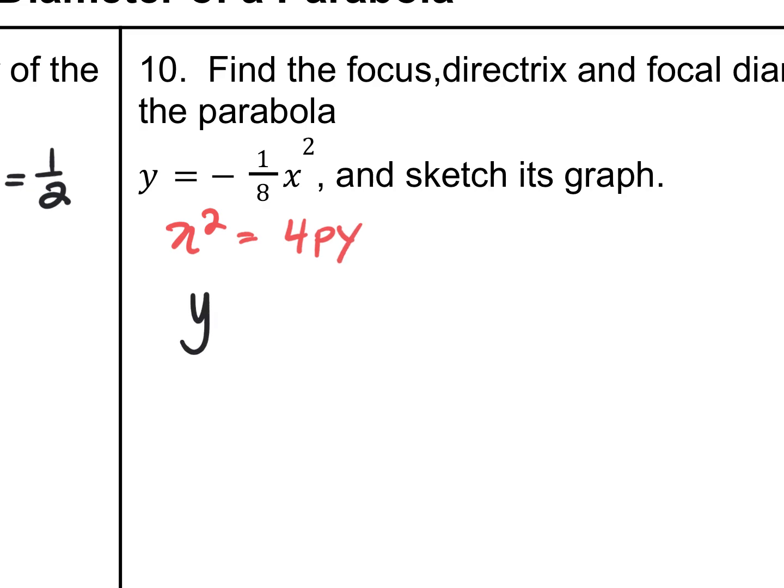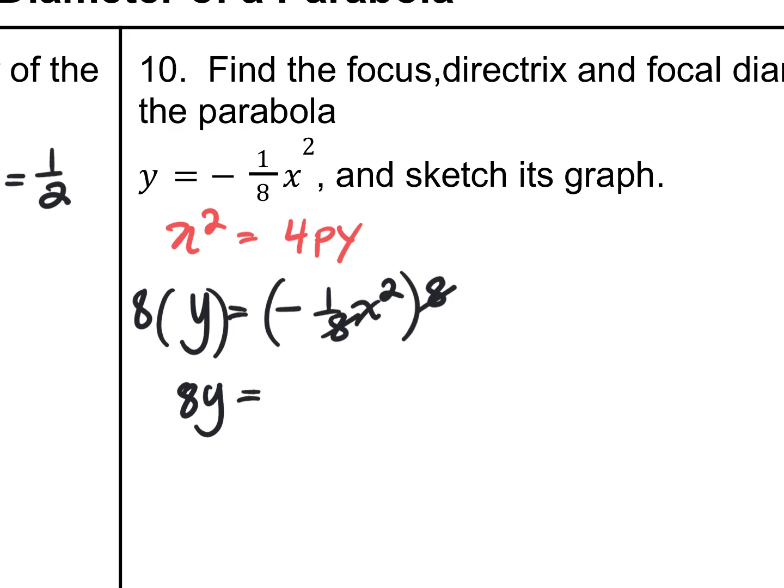So let's write our equation. y is equal to -1/8 x squared. Multiply both sides by 8, so this is going to be cancelled out. On this side it is going to give me 8y is equal to -x squared.